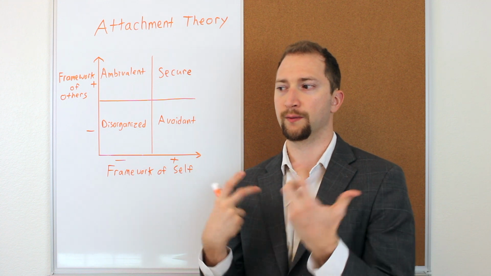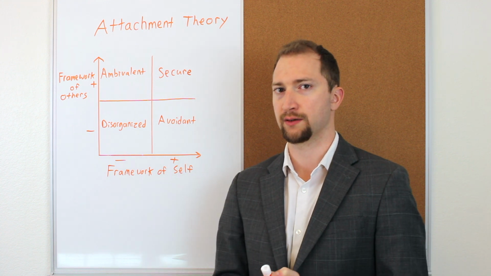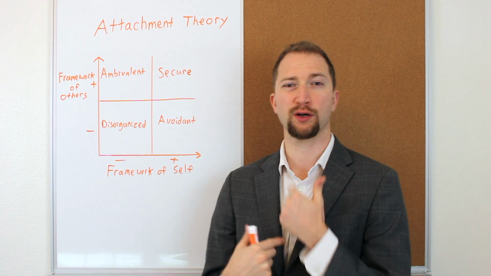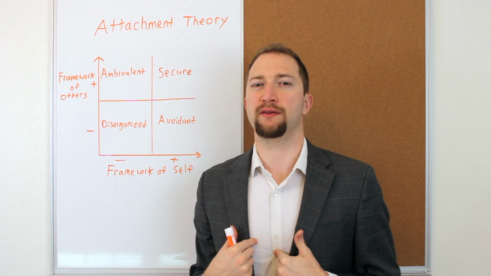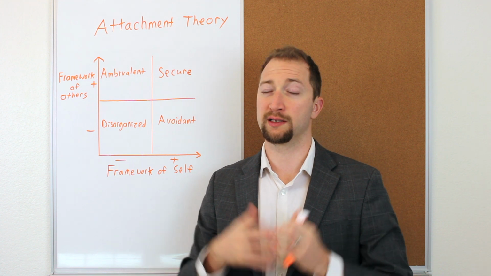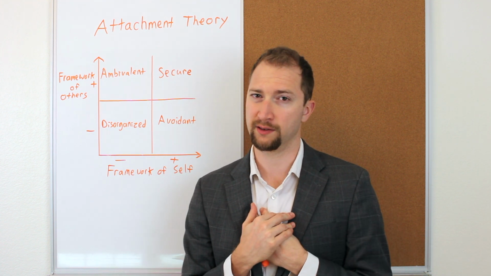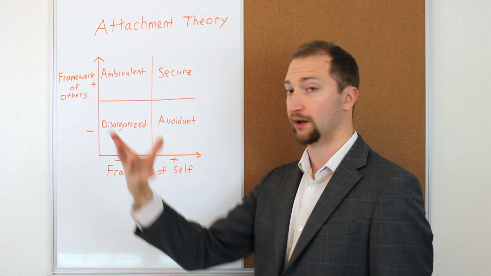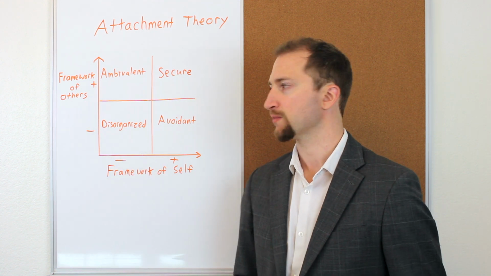And so there's really no predictability, there's no consistency or stability there. And so what the child does is they internalize that rather than realizing that has nothing to do with them. They feel like it has everything to do with them. So they develop that negative framework of self. They take on that responsibility, right?